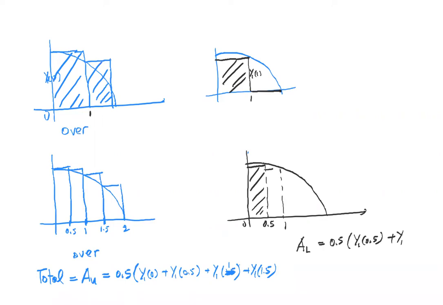That is your lower rectangle. You see or not? Then plus y1 1.5. Then the last one is y1 2. Okay, so you got this. The last one has no area.